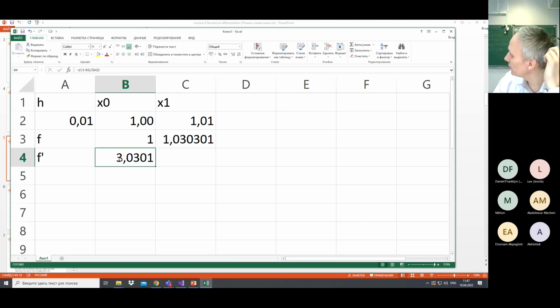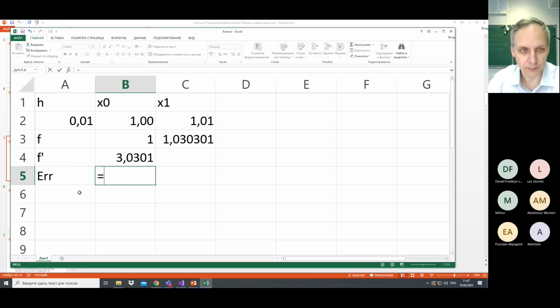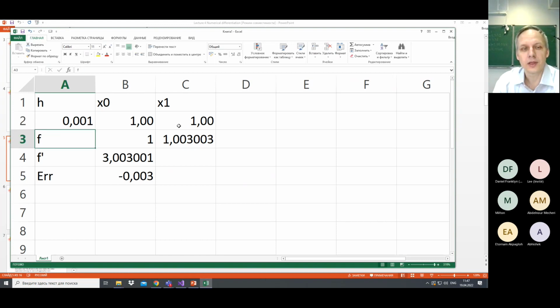And the derivative becomes closer to the real value. The error equals 3 minus this, 0.031. Let's take the step smaller again, 10 times smaller, and the error becomes smaller.